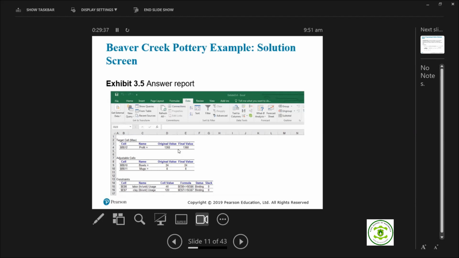That's where you have the optimal profit being inserted. So the name is profit. Kindly pay attention. We have profit, and the original value is 1,360. Final value 1,360. So that's the optimal solution. Now that's the maximum profit.